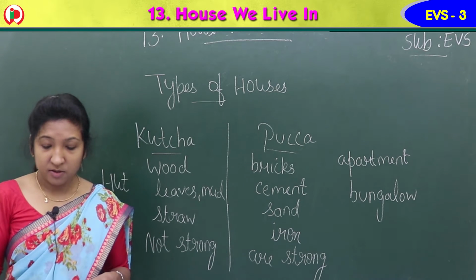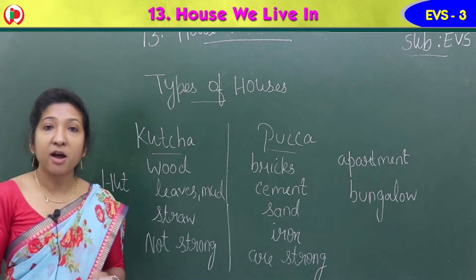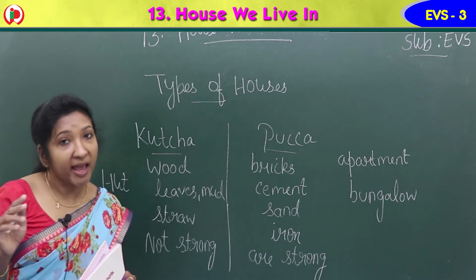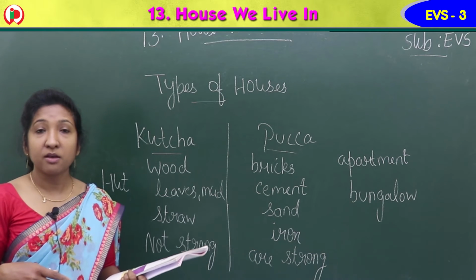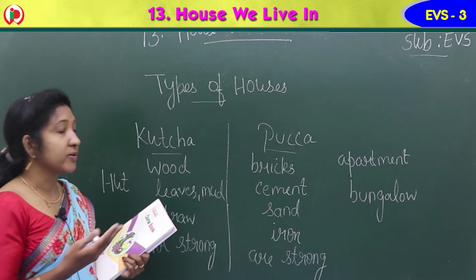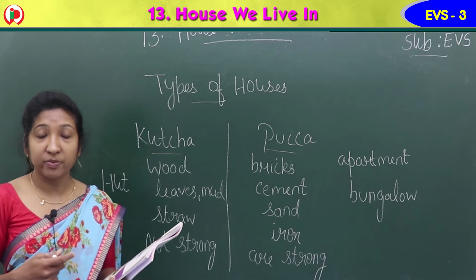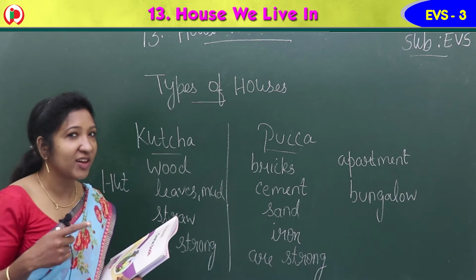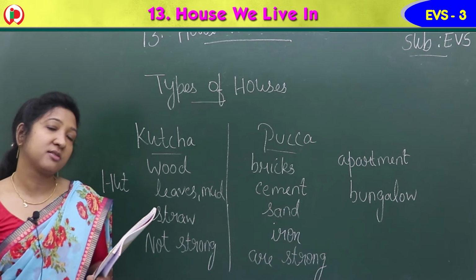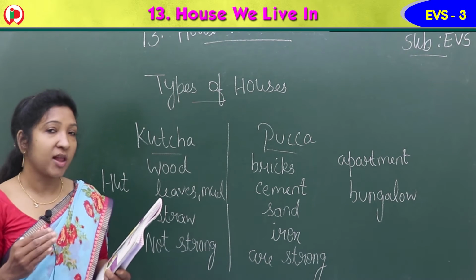Okay. So far we learned about types of house and how house protects us, and the difference between kacha house and pakka house. Now, as I said earlier, we are going to learn about special houses.